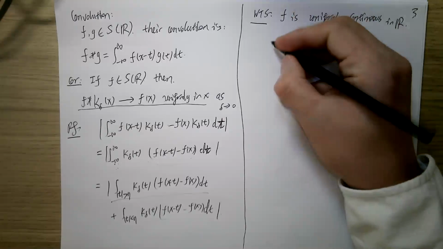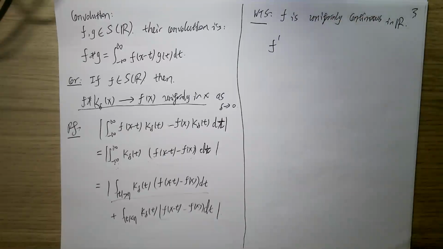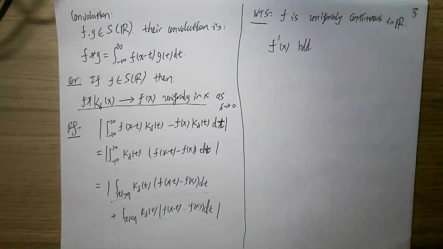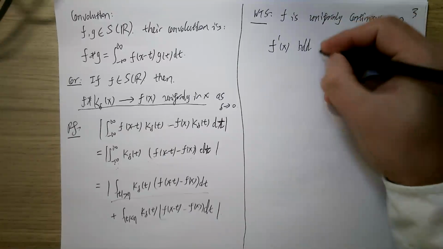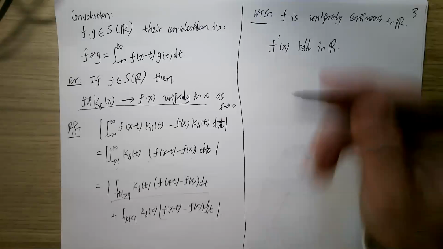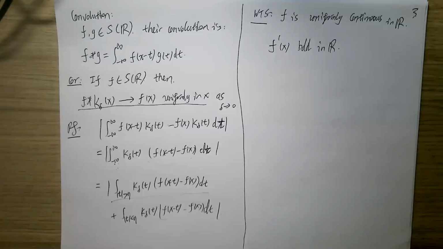However, if you know the derivative of this function is bounded, bounded in R, then this is enough. Why is that? Because the mean value theorem gives an equivalent of the Lipschitz condition.